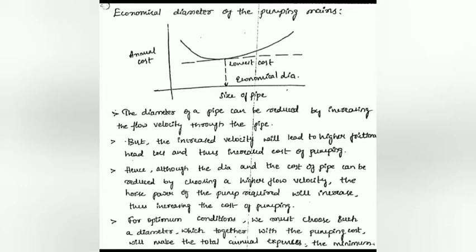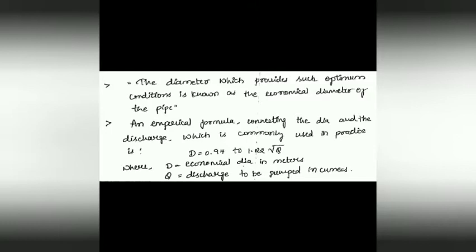For optimum conditions, we must choose a diameter which together with the pumping cost will make the total annual expenses minimum. That diameter we say is the economical diameter of the pumping mains. The diameter which provides such optimum conditions is known as the economical diameter of the pipe.